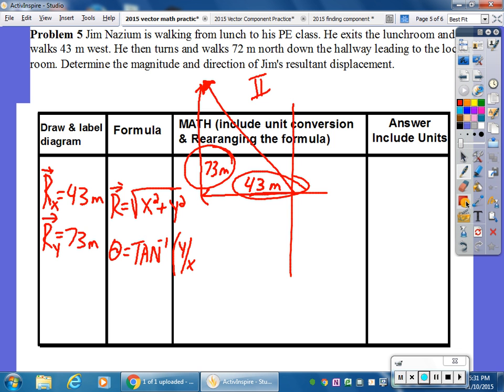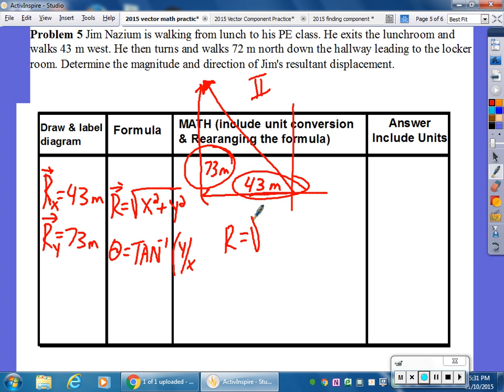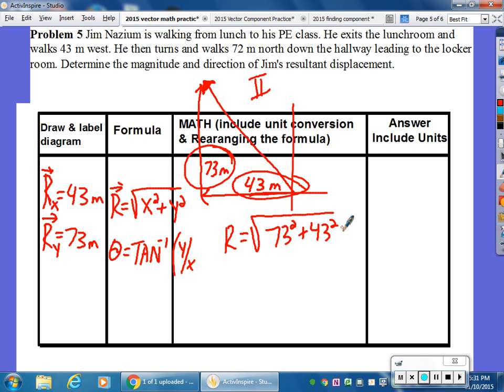So, a little eraser room here. We'll start out with r equals the square root of 73 squared plus 43 squared, and plug those into our calculator. 73 squared plus 43 squared gives me a magnitude of 84.7 meters, and then the direction, tan inverse, and the y is 73 over 43.